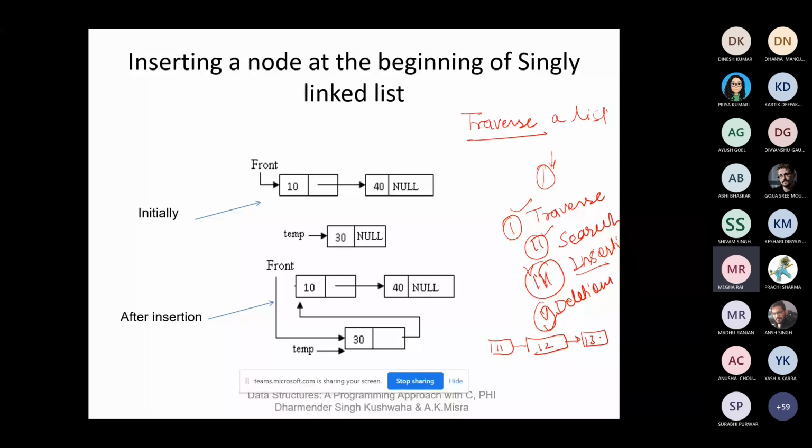You can see there are 4 elements in the list, like 11, 12, 13, 14, these are the nodes. Now you want to traverse, or you can say print, the whole list.